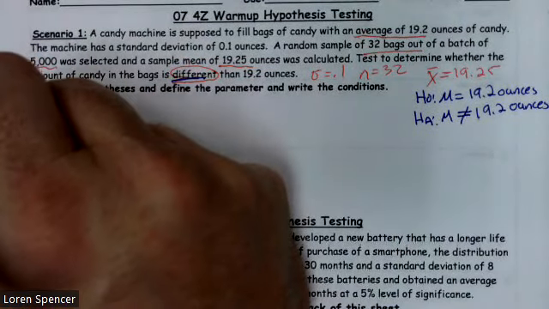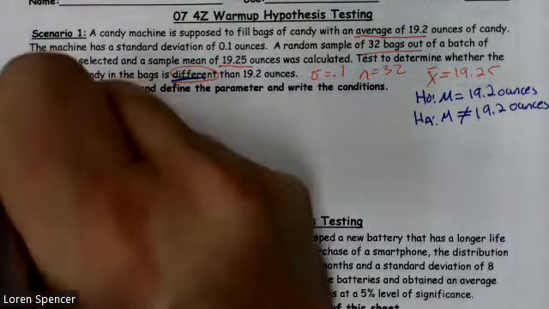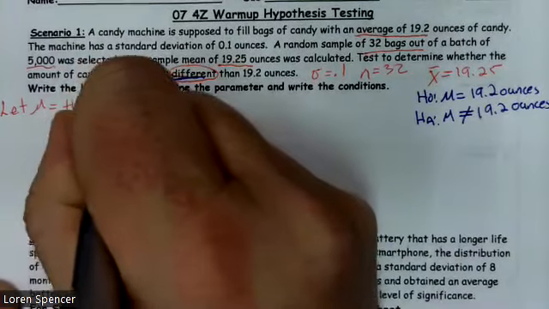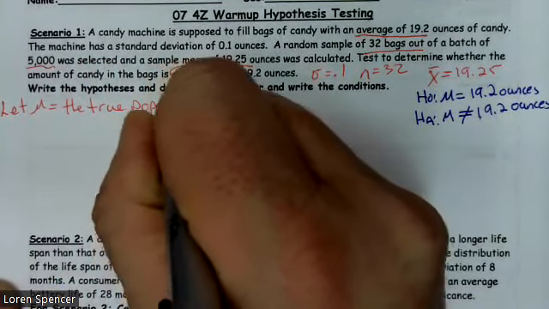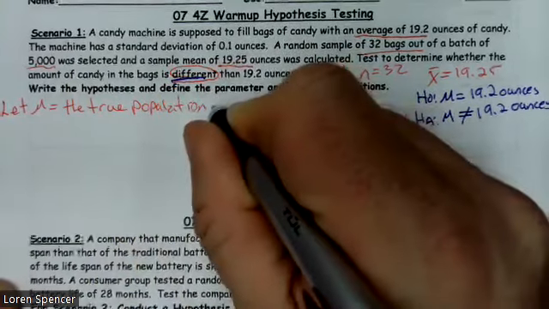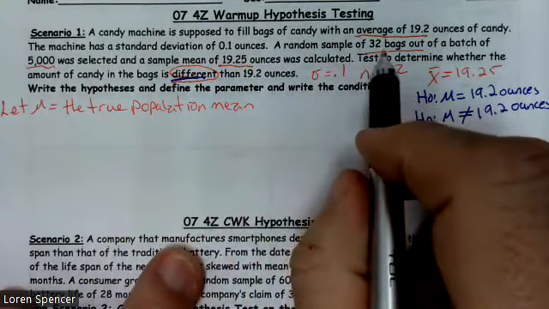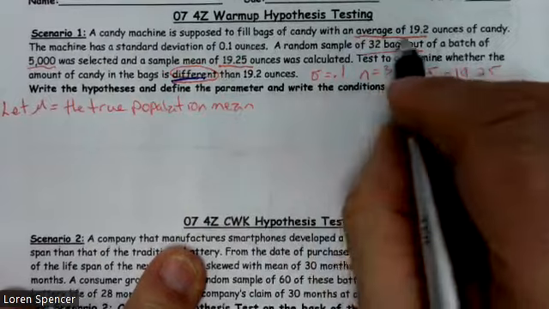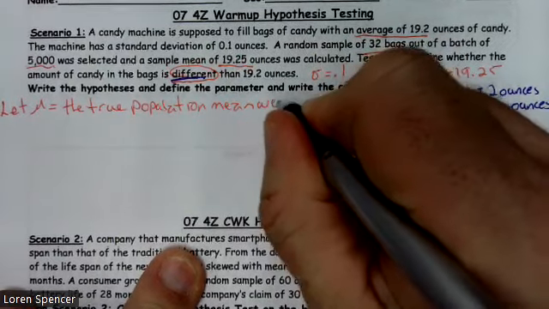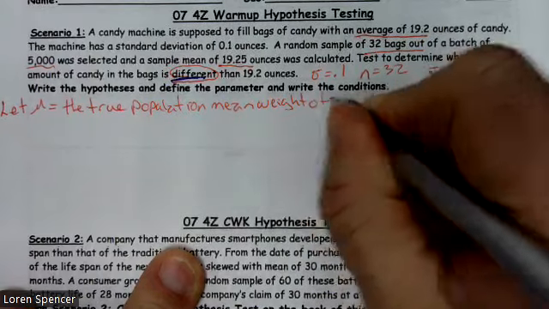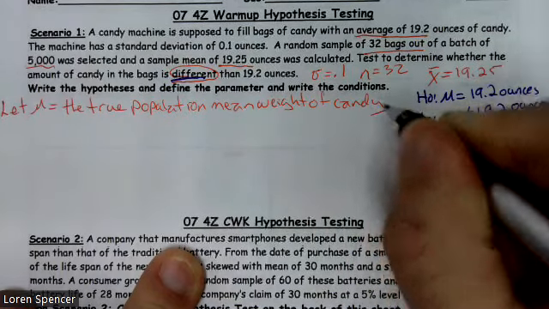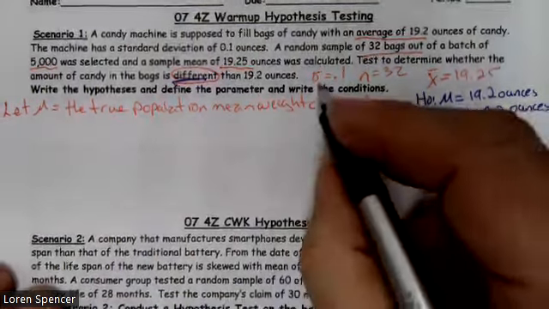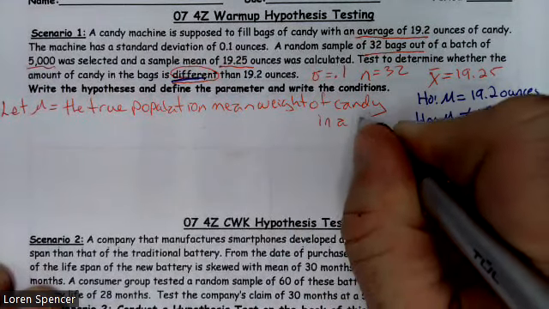For a mean, our parameter always starts off with: let mu equal the true population mean weight of candy in a bag.